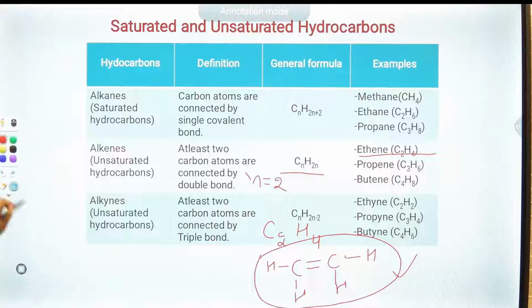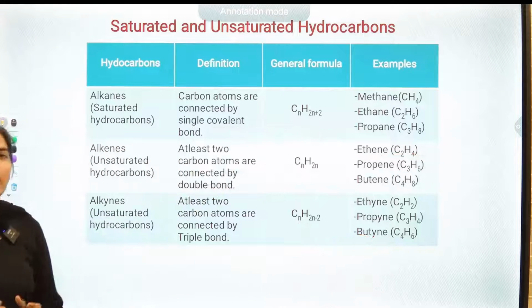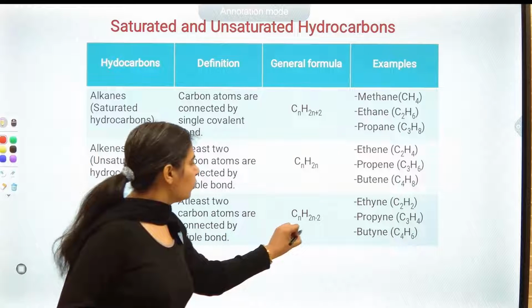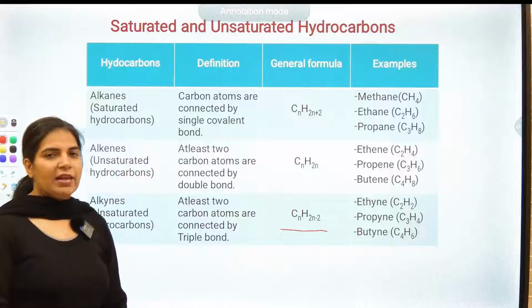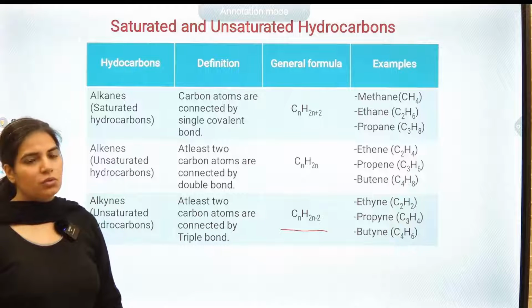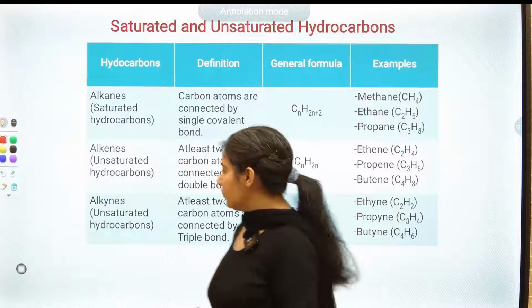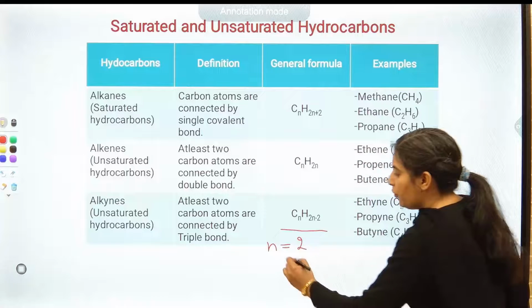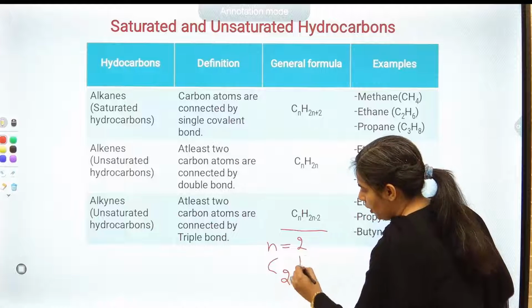In case of alkynes, we have a carbon-carbon triple bond. The general formula of alkyne is CnH2n-2. Say we are considering n is equal to 2. We come up with C2H2.